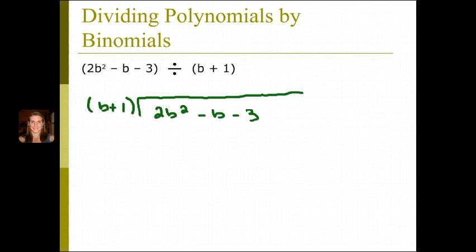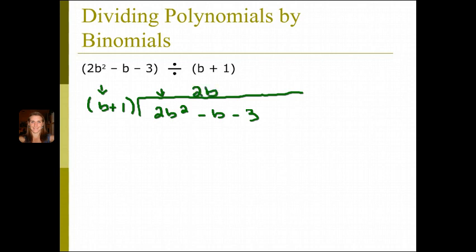Notice that our exponents go down in order. We have 2, 1, 0. Now we need to think about, what number do I multiply my first term in the binomial by to get my first term in my trinomial? Well, b times what gives me 2b squared?